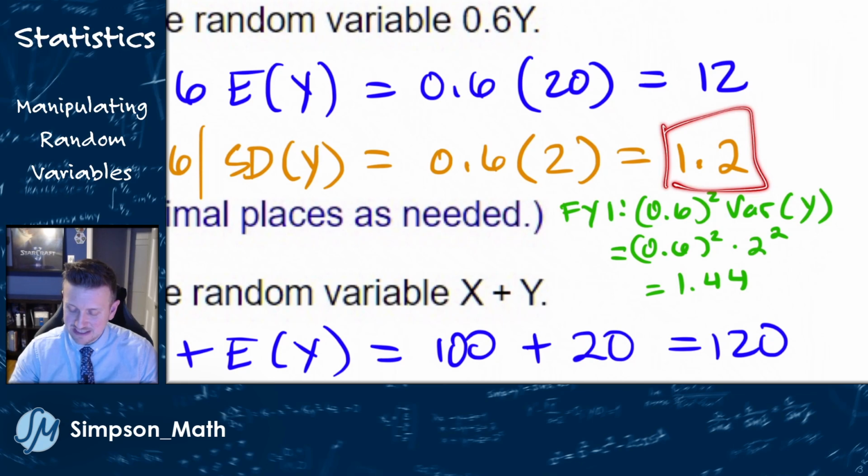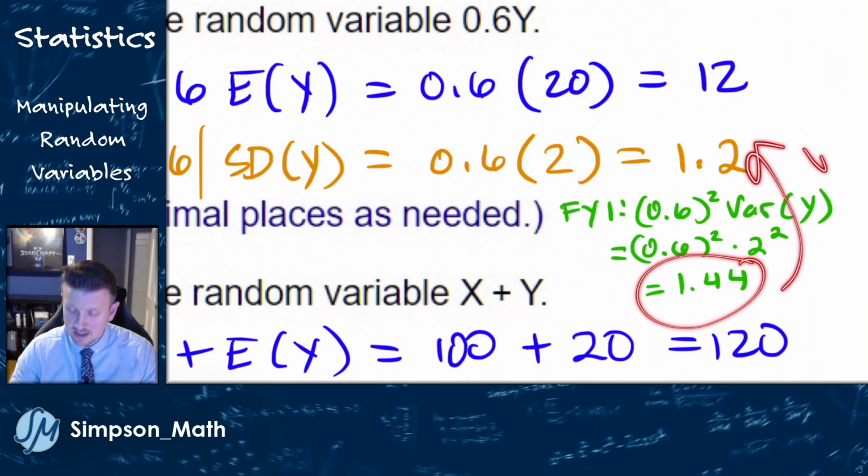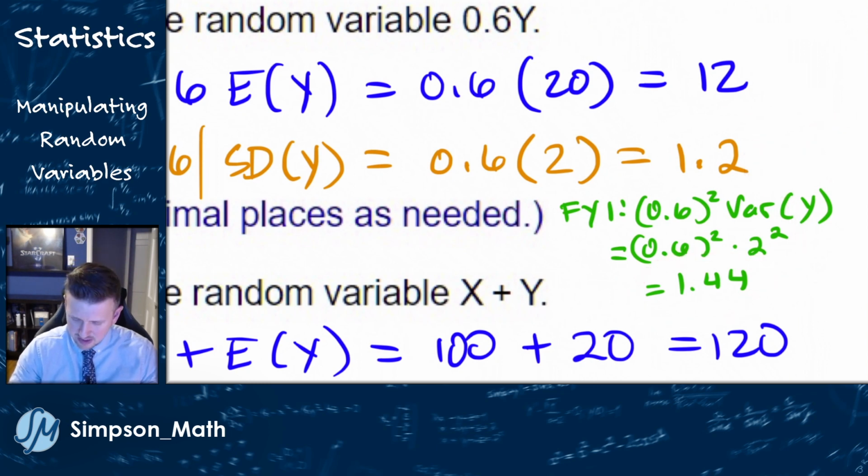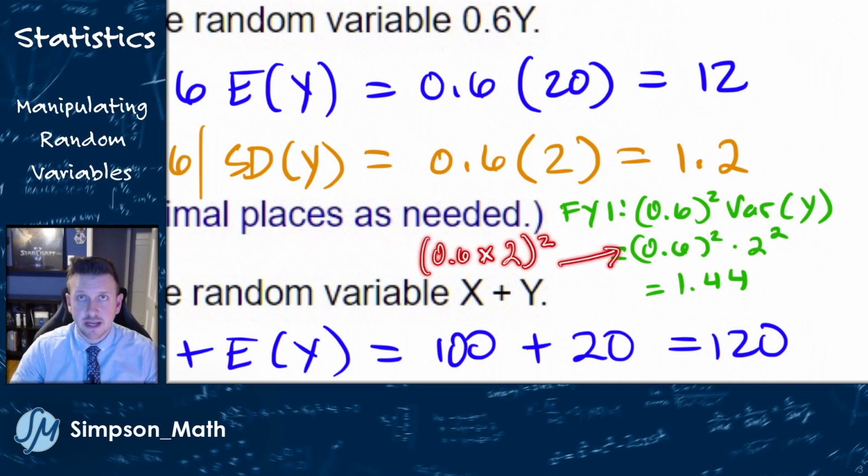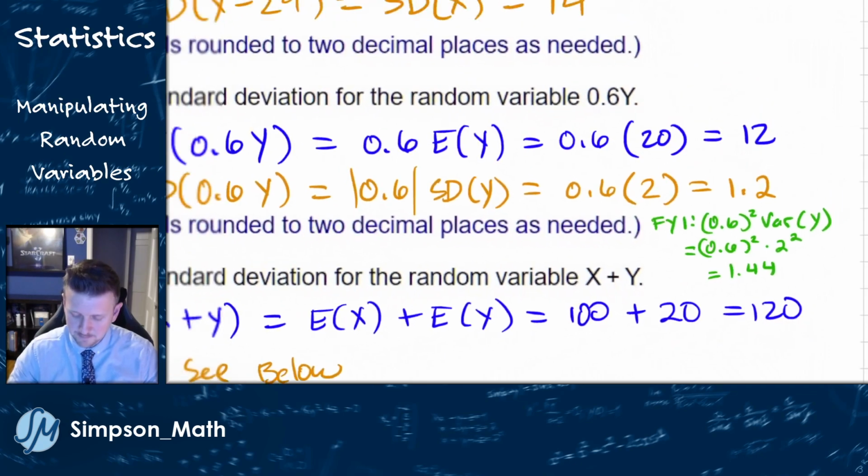If I square this, I will get 1.44, or if I take the square root of it, then I'll get the 1.2. I was a little unclear a second ago. If I take this 0.6 times 2 and I square it, notice it equals this right here. I could, in air quotes, distribute that exponent across multiplication and get 0.6 squared times 2 squared. So all those things are connected.